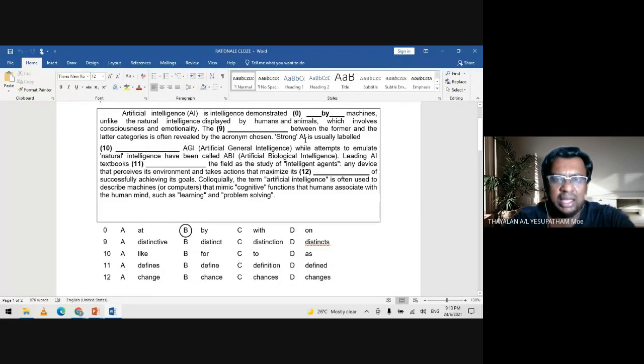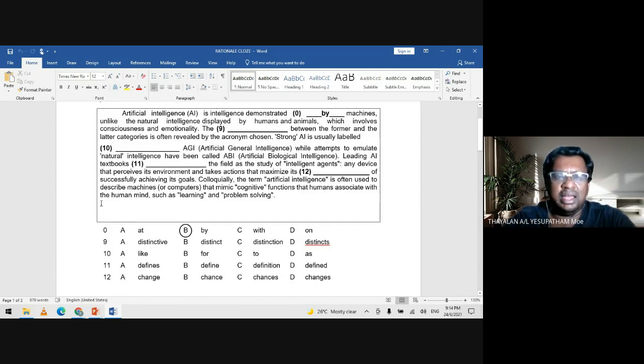Strong AI is usually labeled AGI, Artificial General Intelligence, while attempts to emulate natural intelligence have been called ABI, Artificial Biological Intelligence.